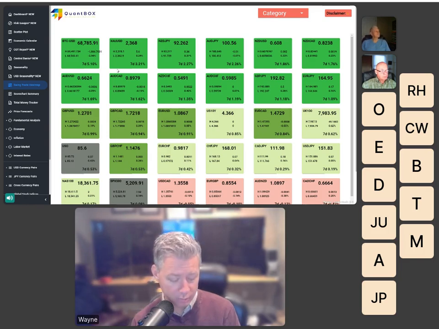Well, you know what? Let's talk about this. This is good that I did this. I would not be shocked at all if headline inflation comes up higher. Instead of 0.3, it comes out 0.4. I'm not saying it will, but it would not shock me in the slightest.